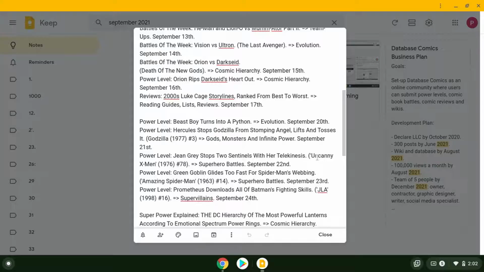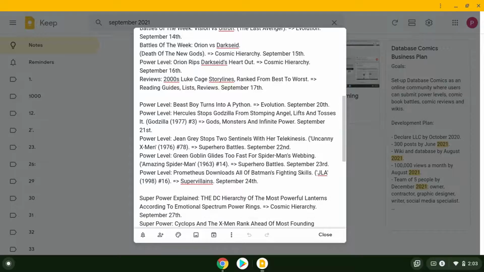The issue is Uncanny X-Men 78, and the theme is superhero battles. The date when it's published is September the 22nd. And then Power Level Green Goblin, Power Level Prometheus.